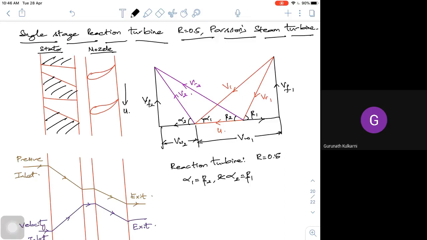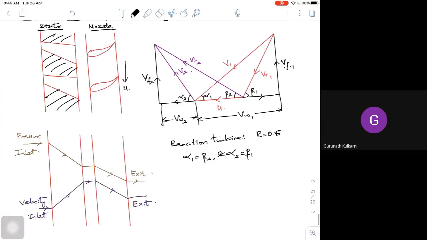If my alpha 1 is equal to beta 2, what will happen? Automatically my V1 and your VR2 will be the same. This is only valid for VF1 and VF2 being the same, if they are ideal and the frictional losses are not there.